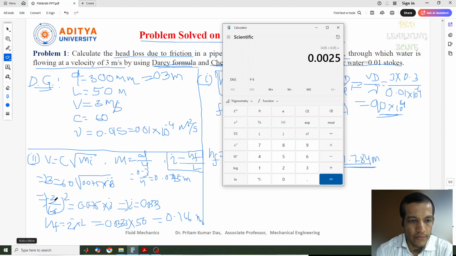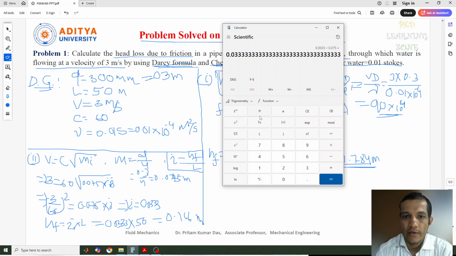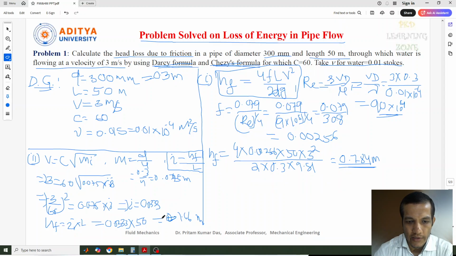Then divided by 0.075, 0.033, correct. Now this will be multiplied with 50, and we got 1.666.